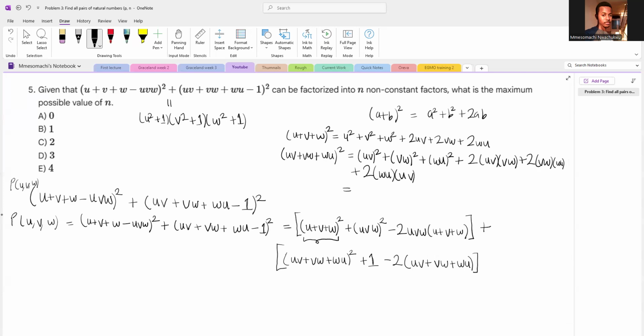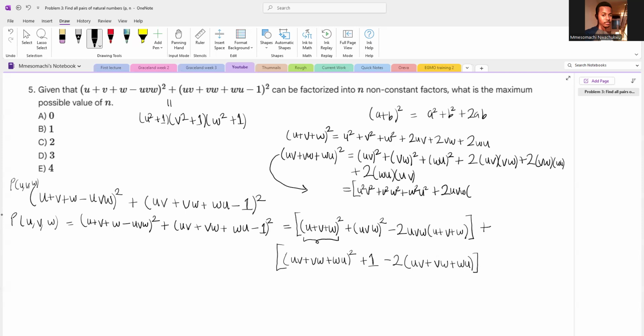So this second expression is equal to u²v² + v²w² + w²u² plus. This is where the algebraic manipulation comes in. We can see that from this second term, 2 is a common factor and uvw is a common factor as well.